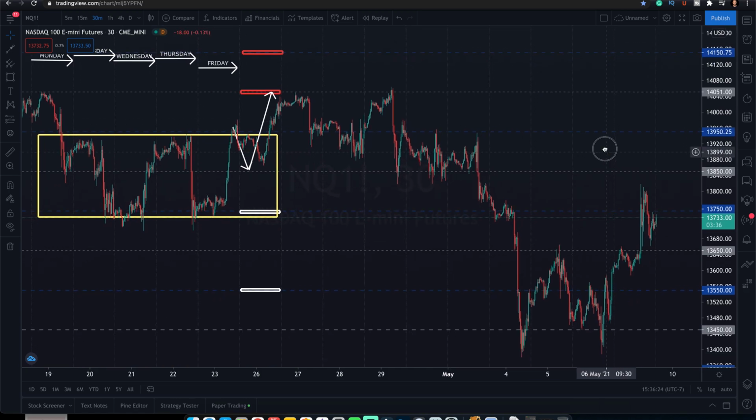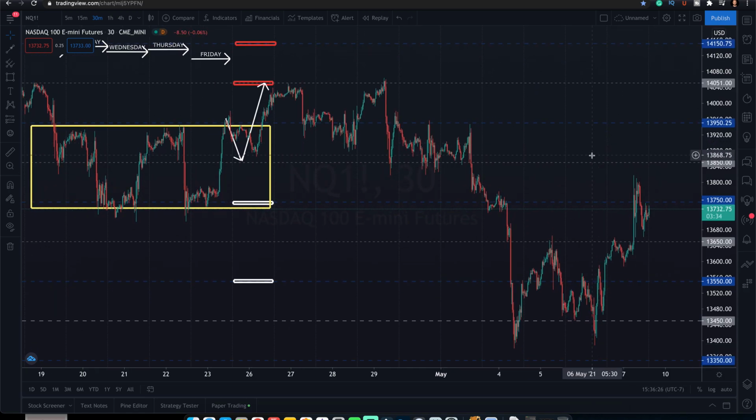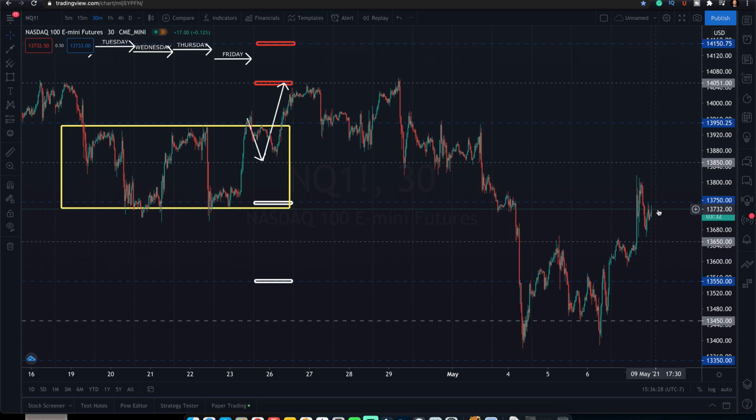Now, my suggestion is to check out what the current price is compared to your broker, because this level may be a little bit different. See where exactly your level was at the top right here and see if it corresponds to 14,050, because on your chart, depending on your broker, this level might be 14,060 or 70.